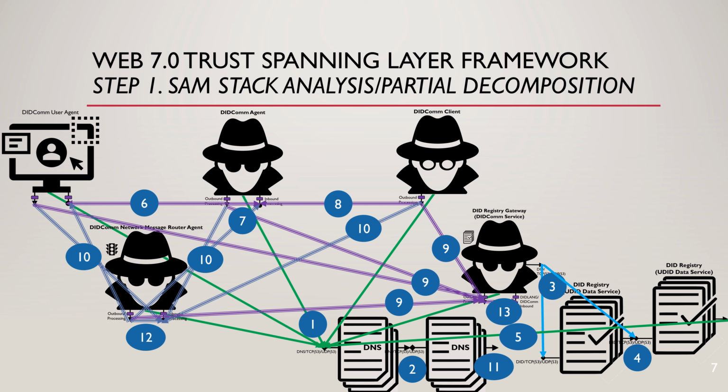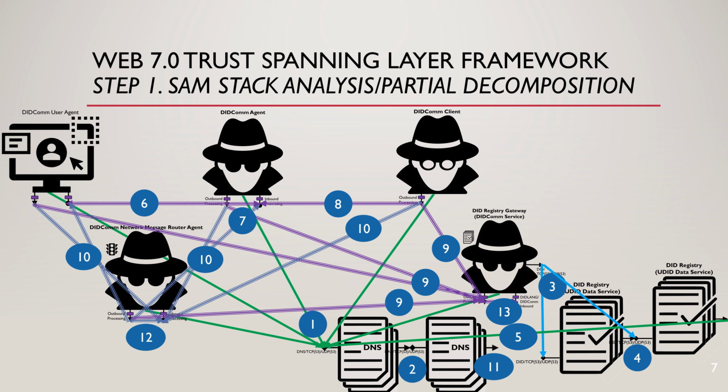So this is our partial decomposition. We've enumerated all the possible network connections and we've numbered them. And the way that we're going to proceed with the SAM stack analysis is by building a SAM stack for each numbered relationship, for each numbered connection between each pair of elements in Web 7.0.